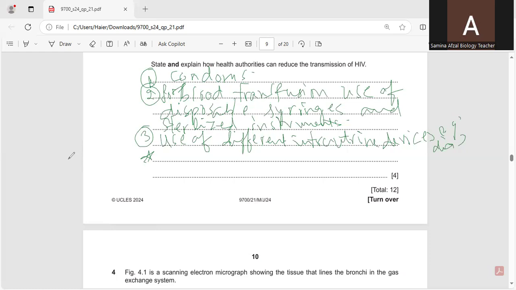And the other is different drugs for the safety of people.